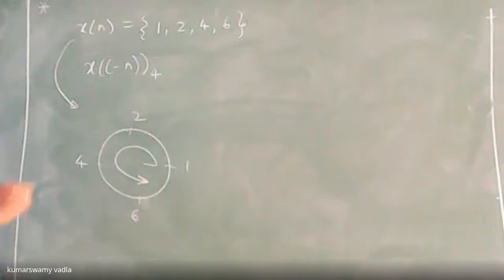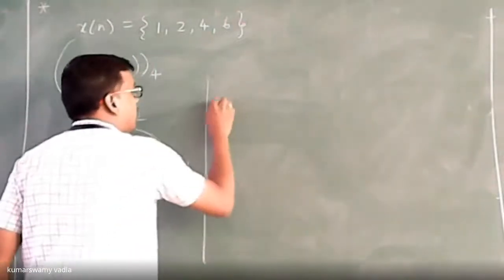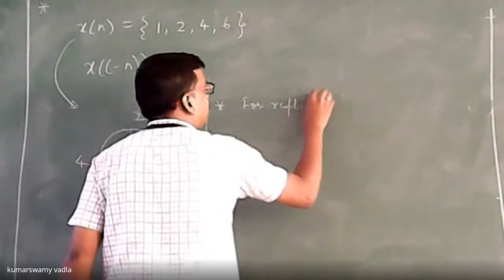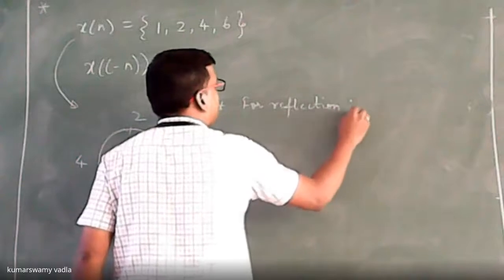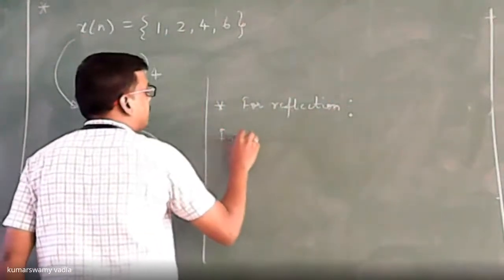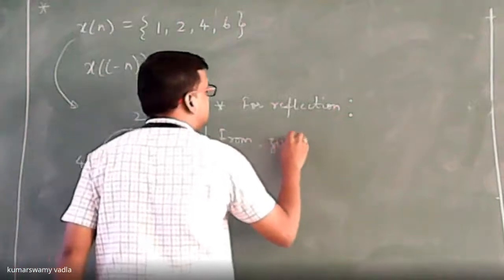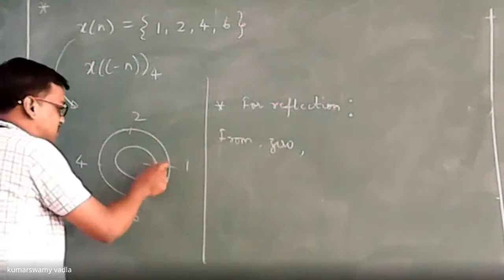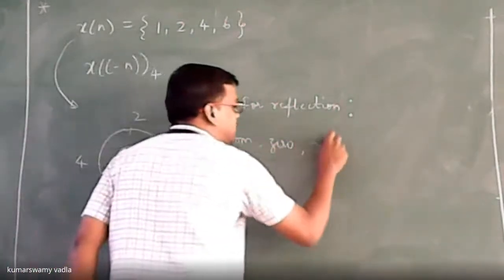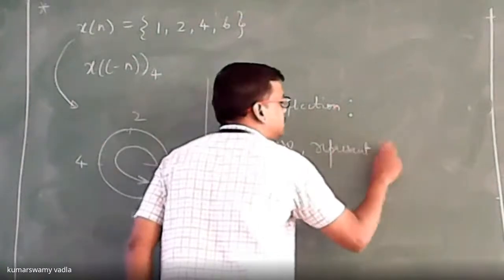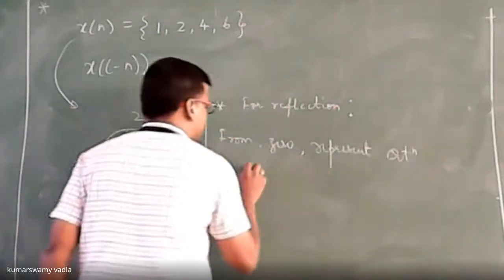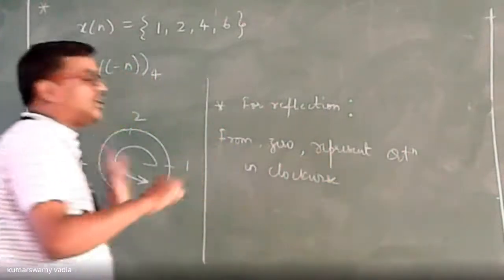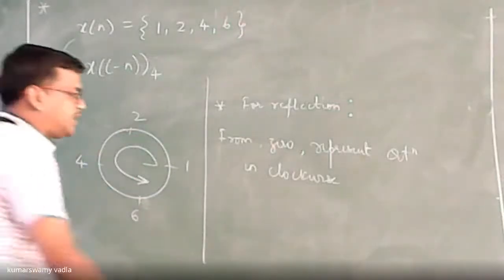Having this, for the reflection property, from zero, this is the 0th point. Represent the question in clockwise.